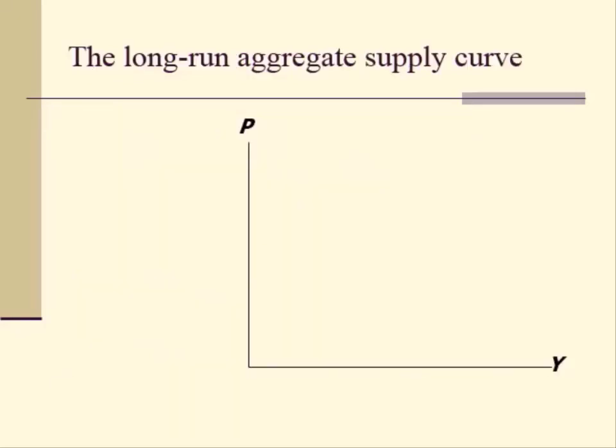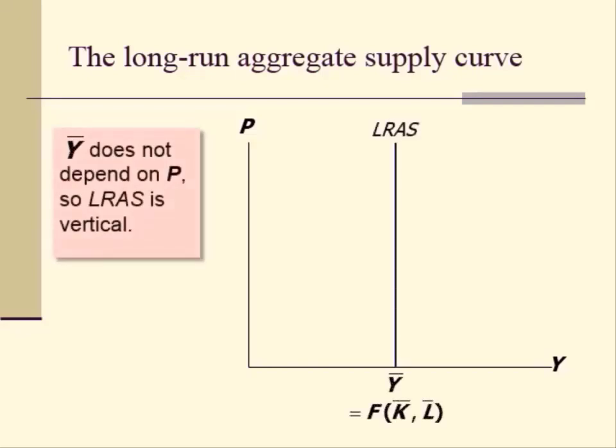We also know that the long run analysis is conducted entirely in real terms. In other words, the supply of goods and services in the long run does not depend on the price level in the economy. This means Y bar does not depend on P, so the long run aggregate supply curve is vertical.